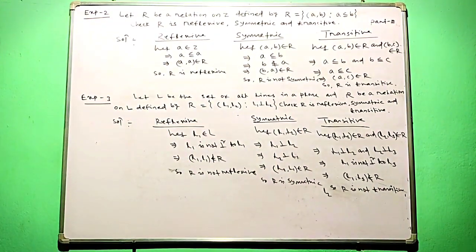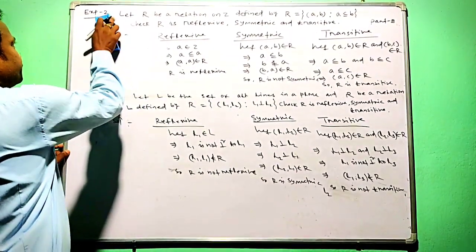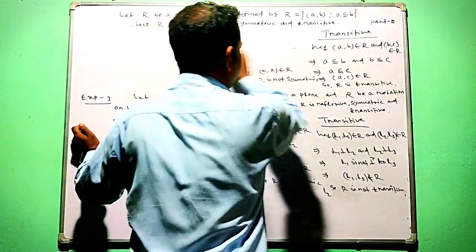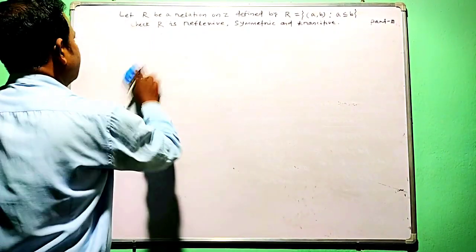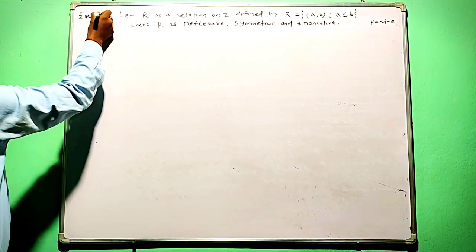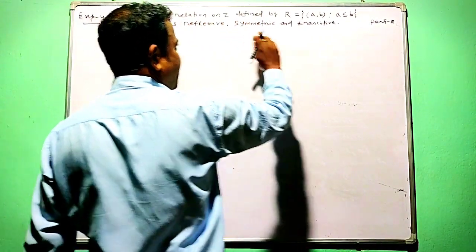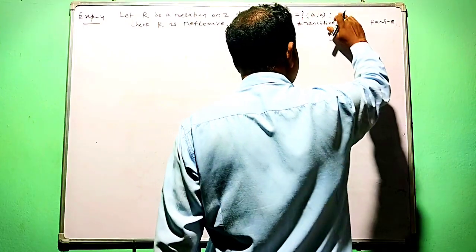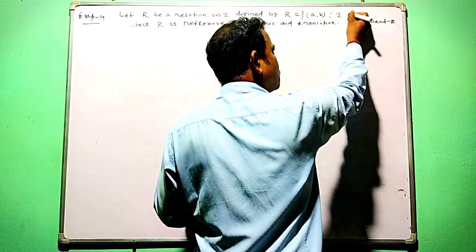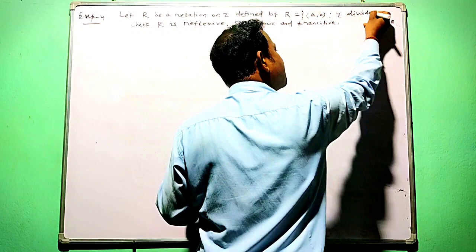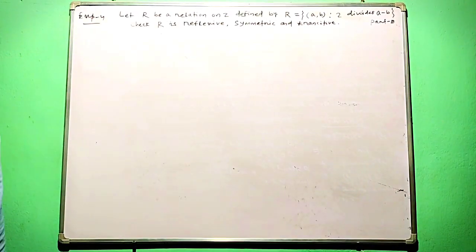Clear, example 3. Next, example 4. Let R be a relation on Z set defined by R is equal to {(a, b) such that 2 divides a minus b}.